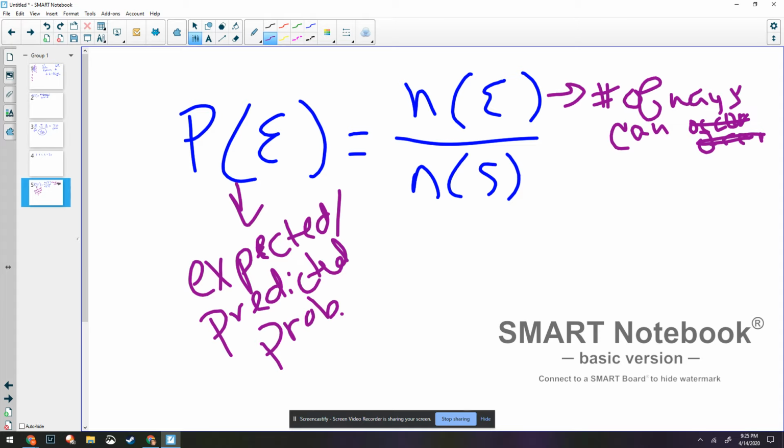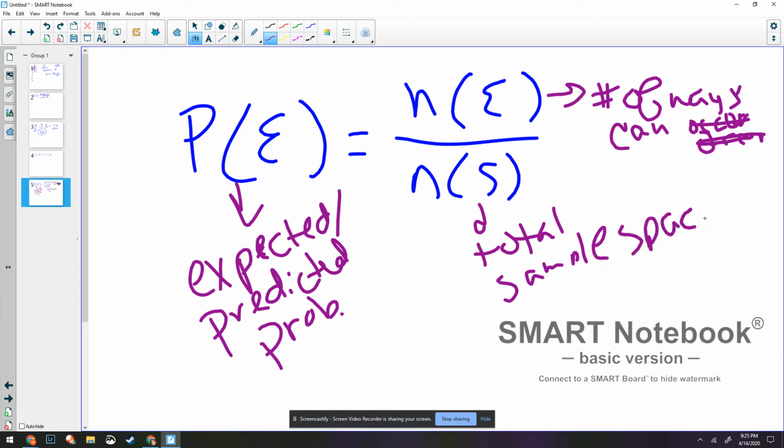So like if you wanted to pick a queen out of a deck, the number of ways you can pull a queen. N of S is the total sample space. Okay, so that's what all of that means.